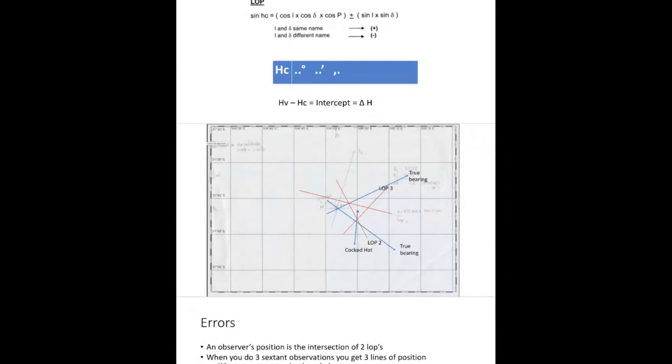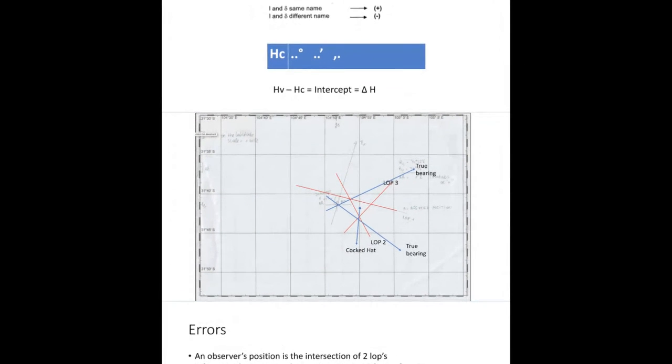So now we have calculated the delta H and the line of position for one celestial body, but in practice what will we do? We will need to make a combination of at least 2 or better even 3 celestial observations in order to get a fix. On this drawing here, what do you see?